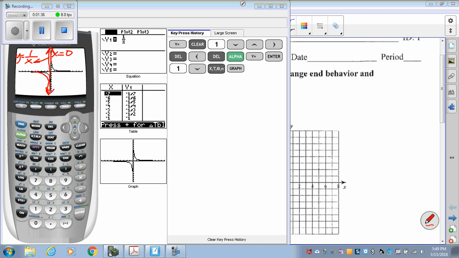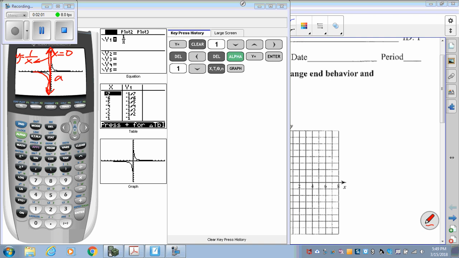And this line here at x equals 0, that vertical line, that is called an asymptote, because the function actually never gets to that point. When x equals 0, it goes to negative infinity and positive infinity at the same time, which is impossible.